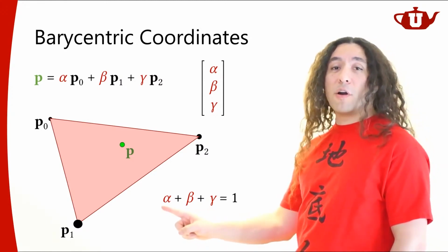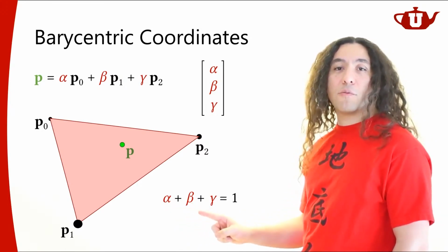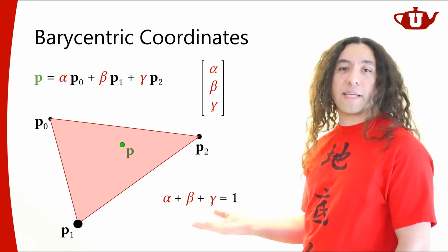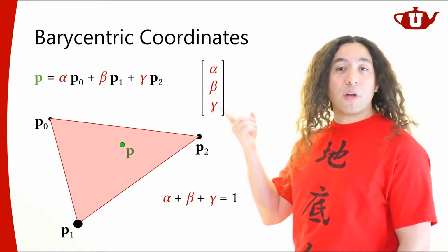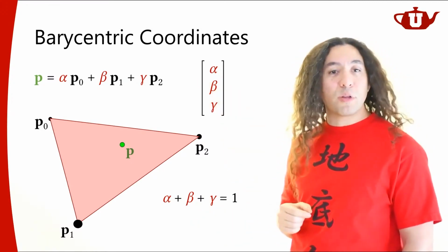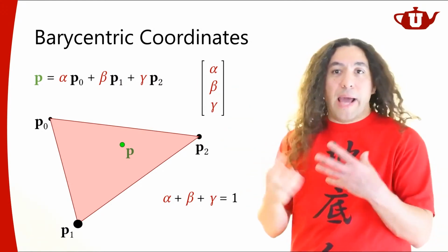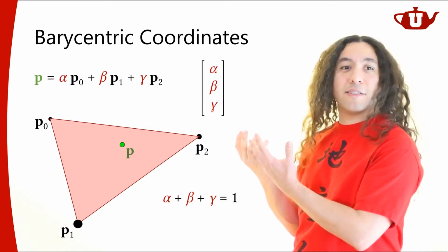So if I know 2 of them, alpha and beta here, I can compute the 3rd one. Because they must always add up to 1. And this sort of makes sense because at the end of the day, what I'm trying to do here is just a linear interpolation of 3 values. Right? So it's just the average of 3 values. So they must add to 1.